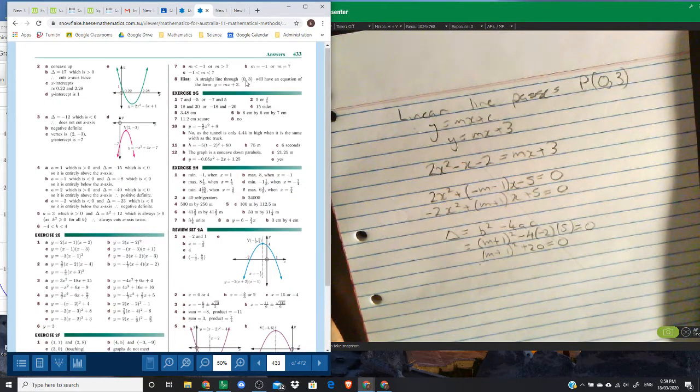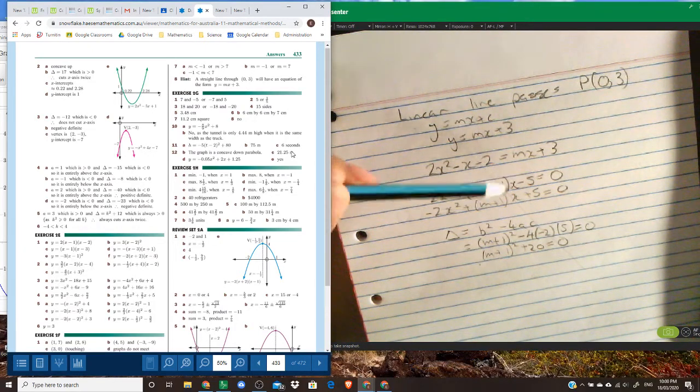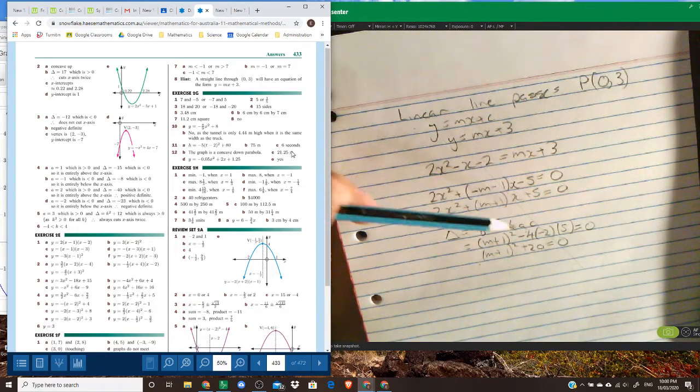A straight line through (0, 3) has an equation of the form y equals mx plus 3. So I got y equals mx plus c, I equated it to this, I triple checked that I've written that down right. I bring that together, subtract mx on both sides, subtract 3 on both sides. So it's 2x squared minus (m plus 1) lots of x minus 5. It doesn't matter what you pick, if you do that form or that form, you get exactly the same thing.